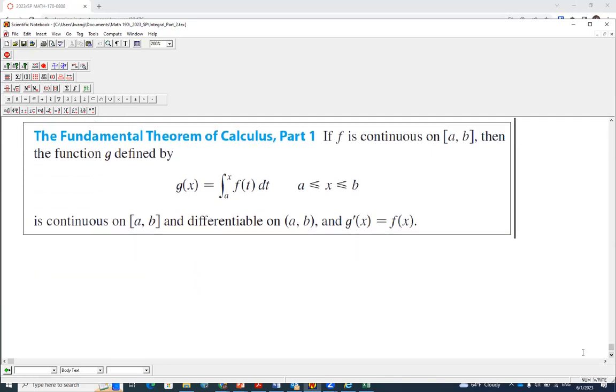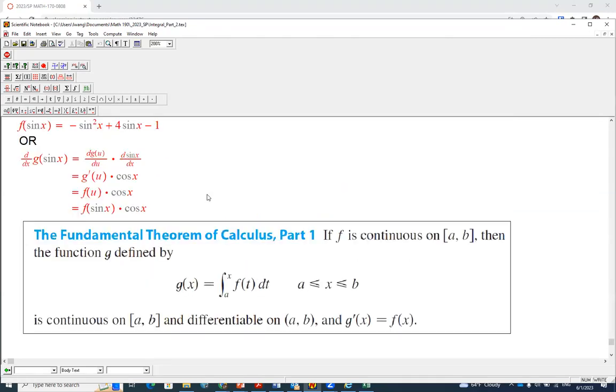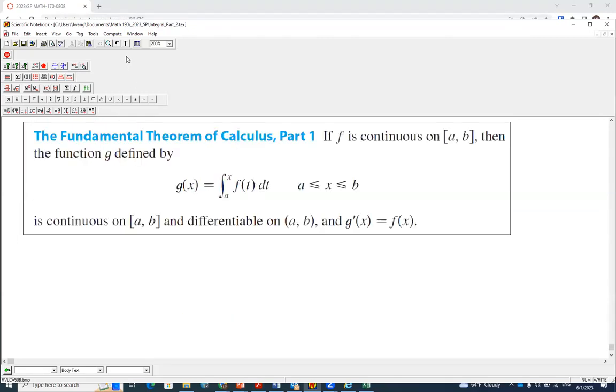First of all, fundamental theorem of calculus part 1, I have been emphasizing the relationship between G and F. This relationship basically says G prime of x equals f of x, by the definition of antiderivative.